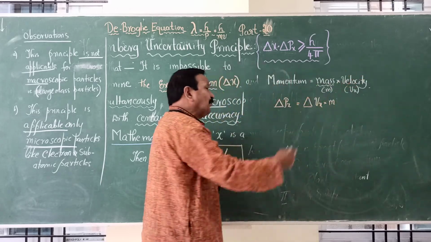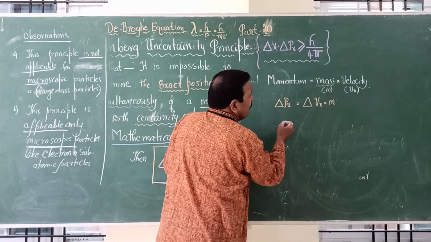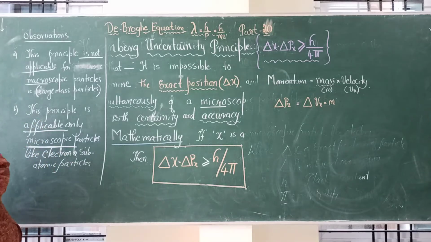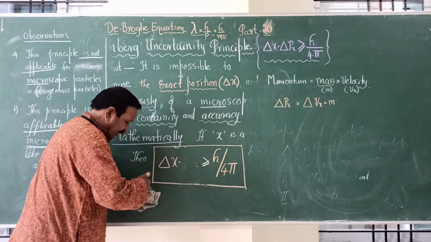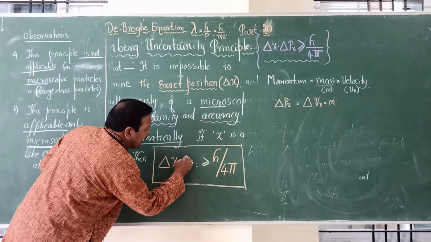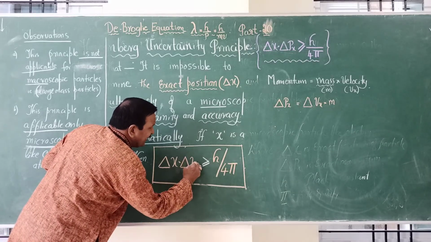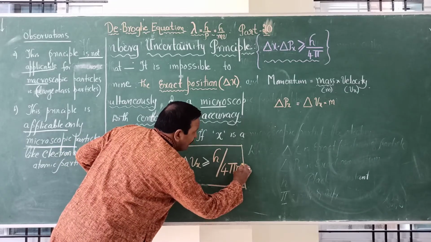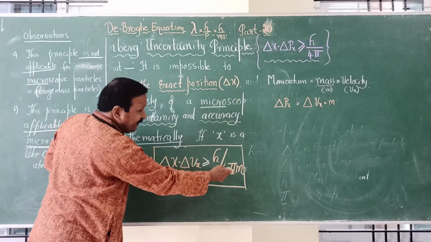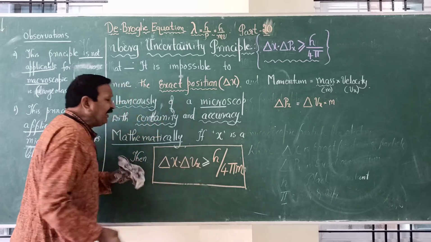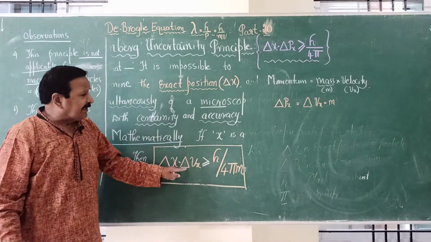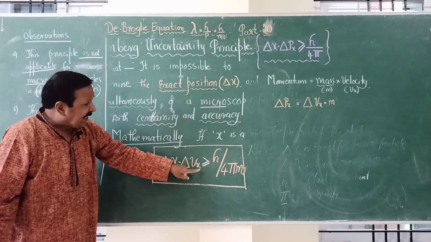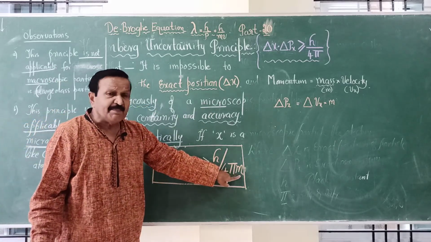If you substitute here, delta x, delta Px, Vx into m, delta Vx remains here, and m can be transferred here.